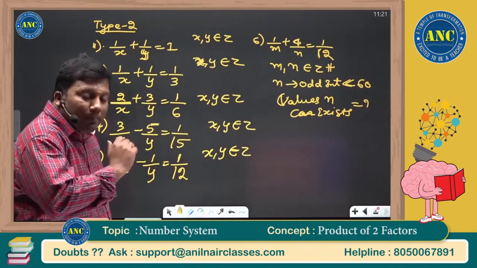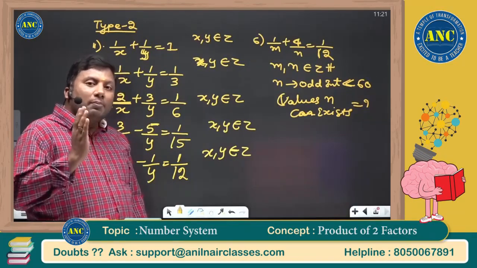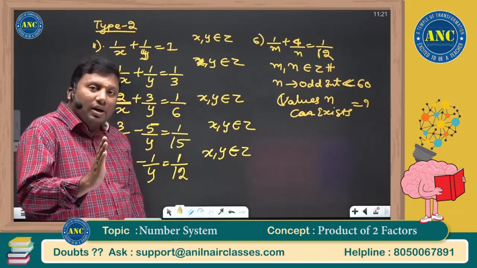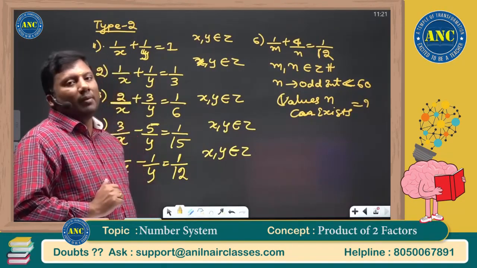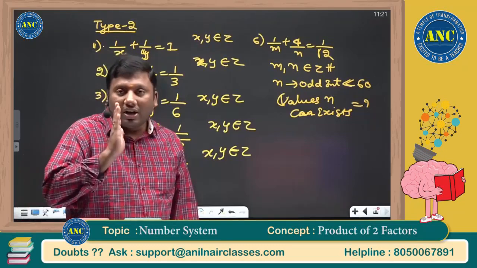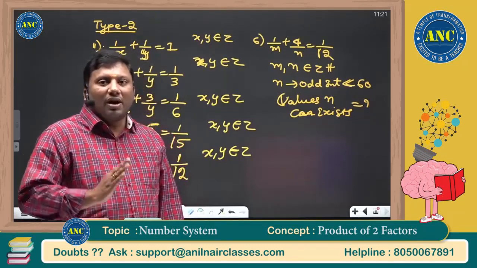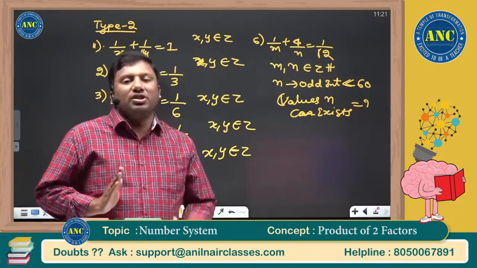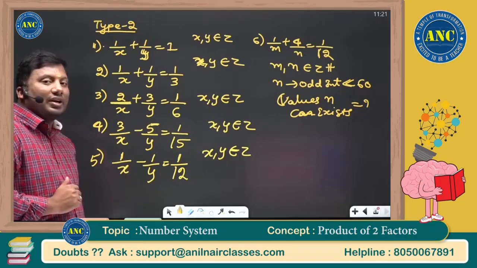We wrote 3 important key points. What are the 3 important key points? The number of ways of writing a number as a product of 2 natural numbers is the total number of factors. As a product of 2 integers, it is twice the total number of factors. Why? Positive into positive, negative into negative.